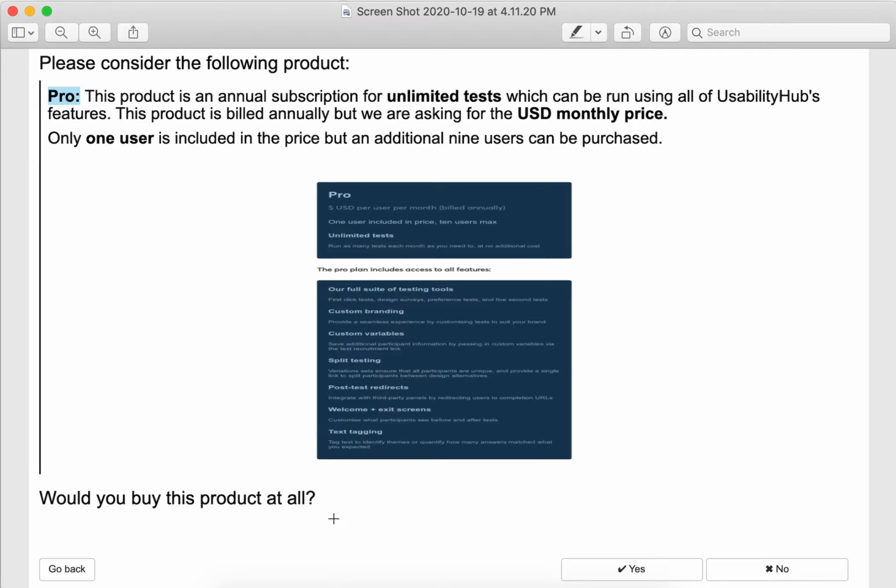With this, I might say yes or no, but I'm still not fully clear on what exactly I'm getting. And I might not connect the dots if this plan, this option or product was launched. So you really don't want to put the onus on the user to say, hey, yeah, I would buy that.